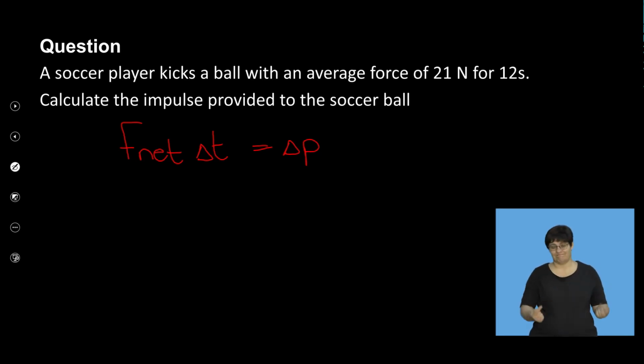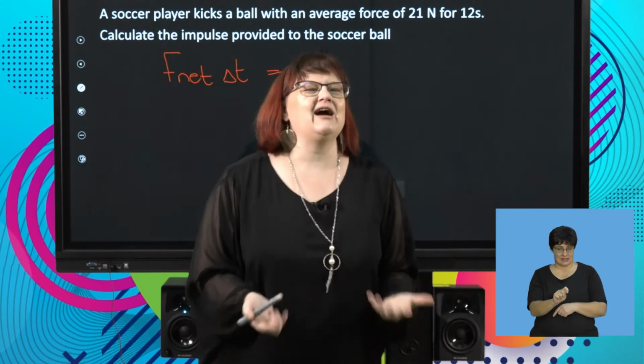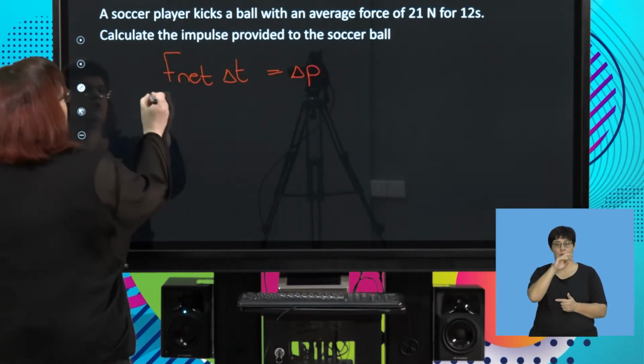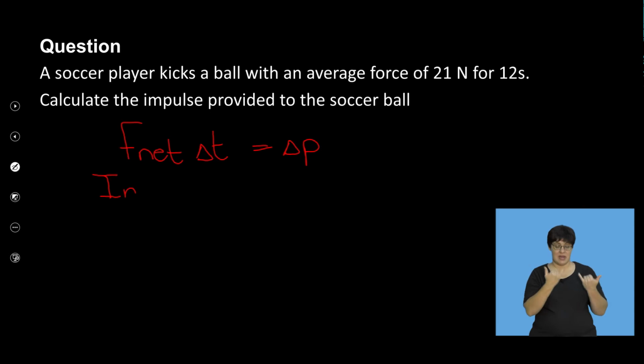I'm not looking at change in momentum. Because impulse doesn't have its own symbol, if I'm going to calculate impulse using F net and delta t, I have to write out the word impulse. So we're going to go impulse equals F net delta t.